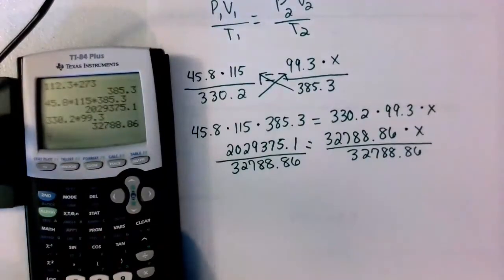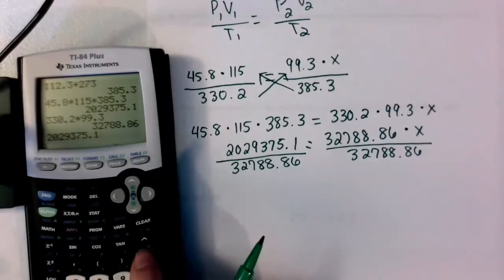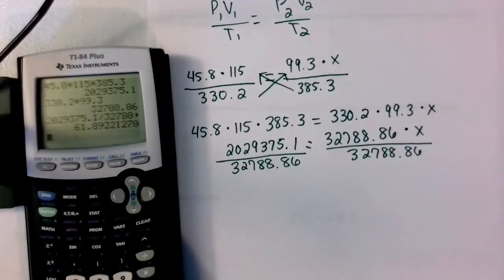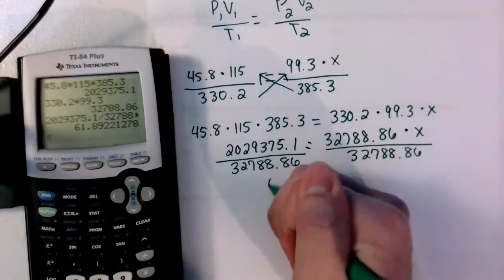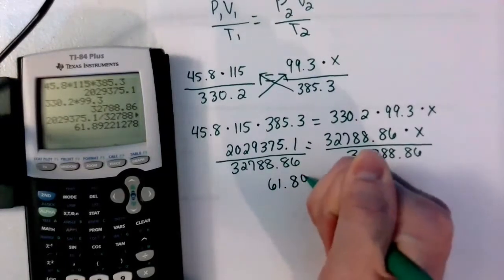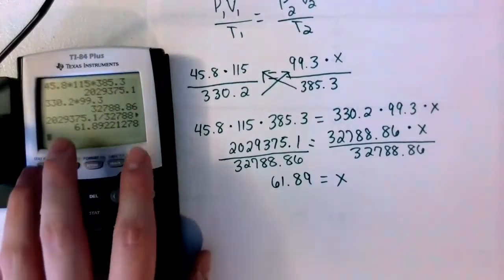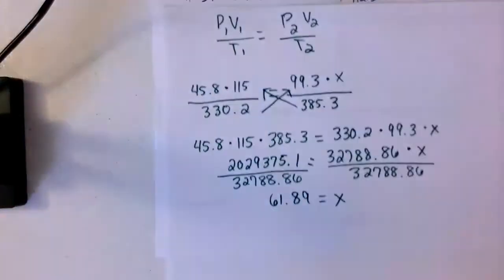I've got 2029375.1 divided by 32788.86. And the answer that I get is 61.89 equals X. So now we've got 61.89 equal to X.